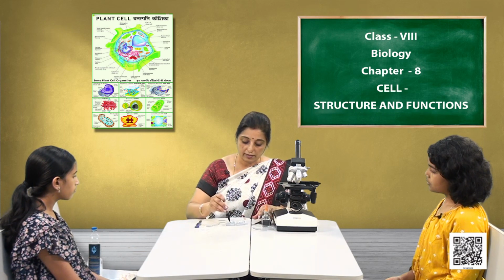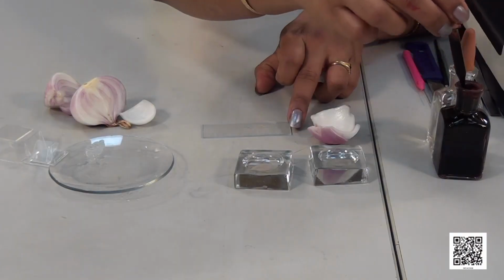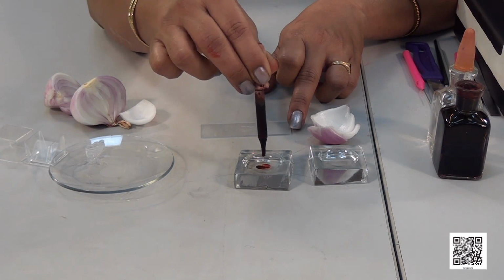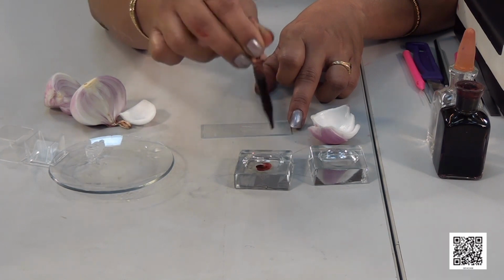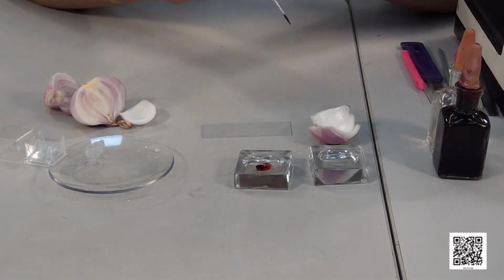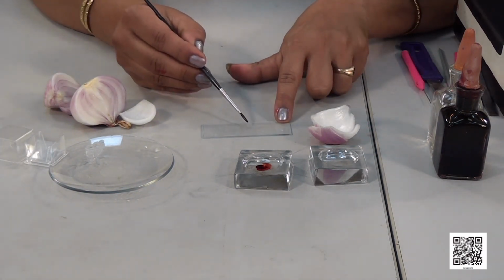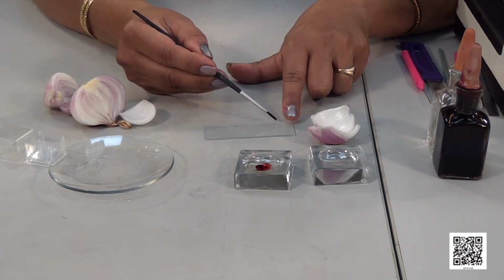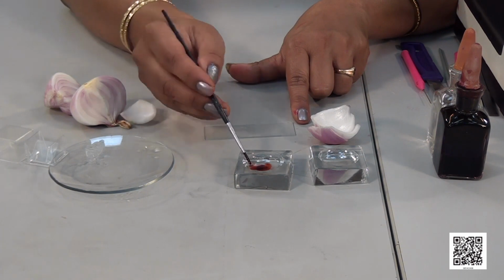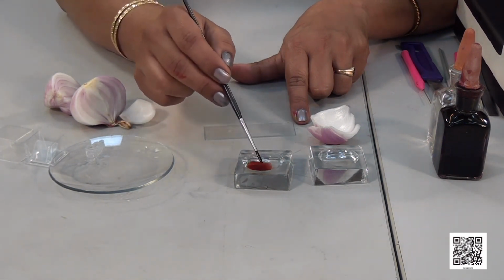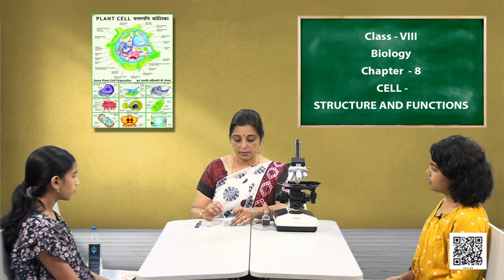I'm going to stain that peel in the safranin stain. So I'm going to transfer this peel into the stain. I'll keep this peel in the stain for 2 to 3 minutes so that it can absorb it.